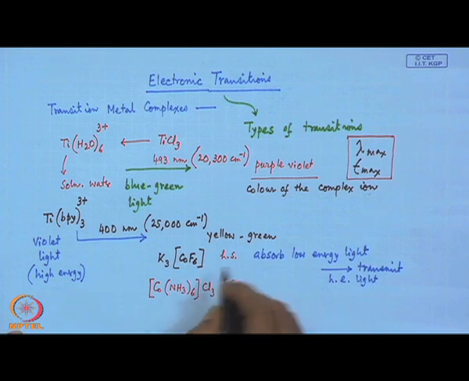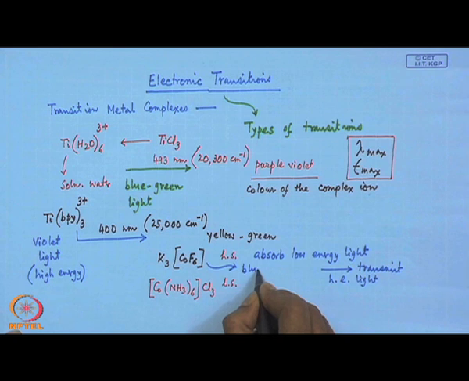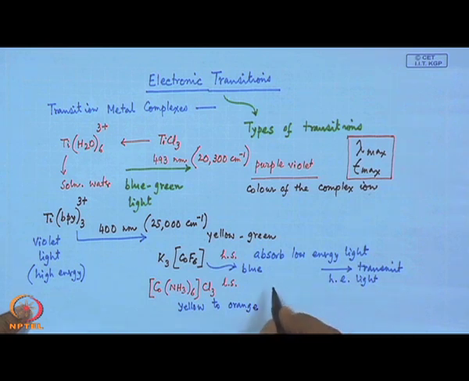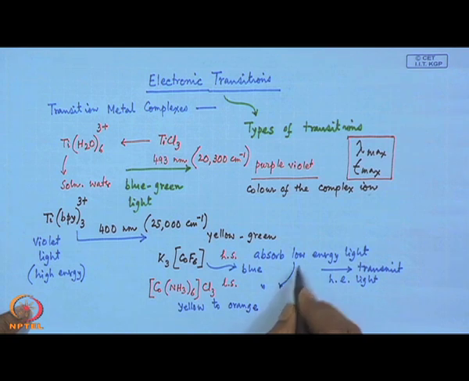So, this particular compound, when it is high spin, the color is blue, but this one basically is a low spin one and its color is yellow to orange, and here the absorption is taking place not at low energy, but at high energy.